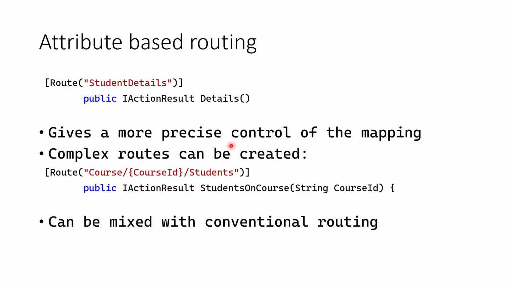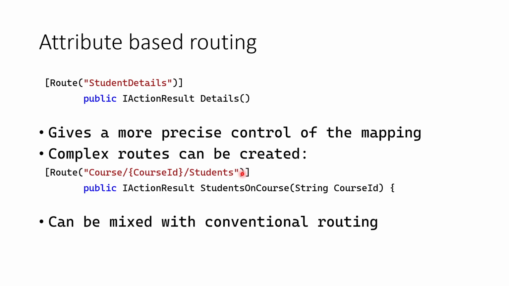Now suppose that I want to find all the students on a given course. It has a course ID, and I want to use a URL that starts with the literal course, and then I want to write the course ID and then /students. This is one way of defining URLs.